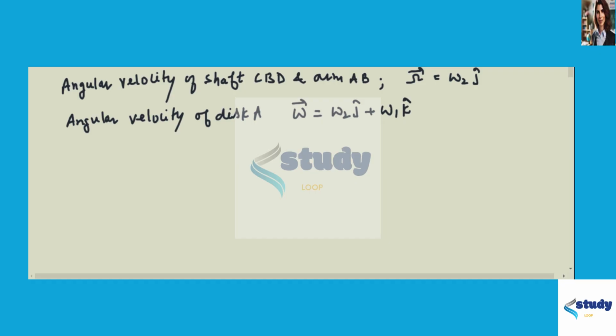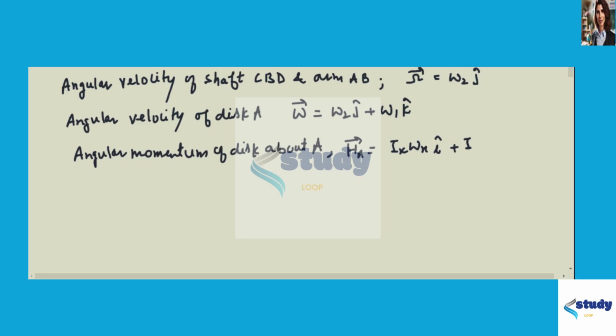Angular momentum of the disk about A is Ix omega x i cap plus Iy omega y j cap plus Iz omega z k cap.